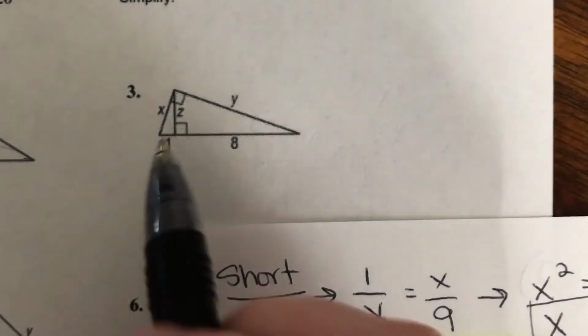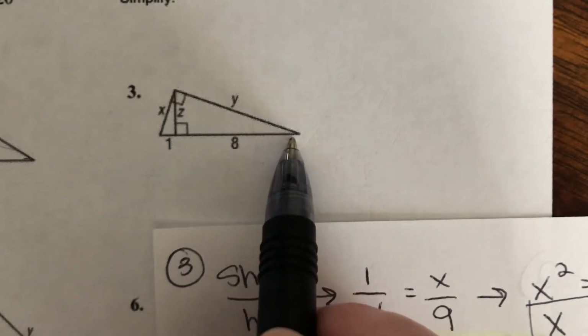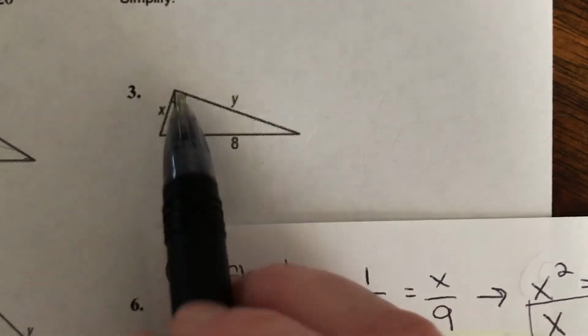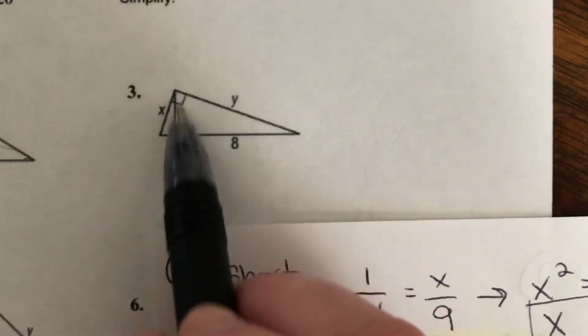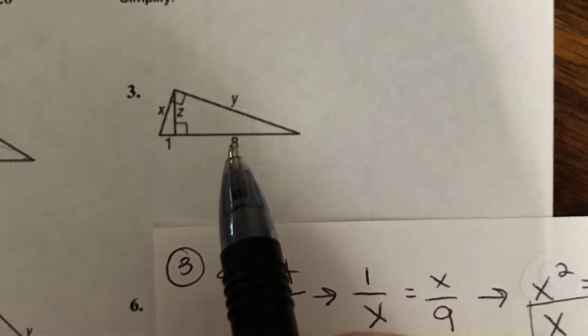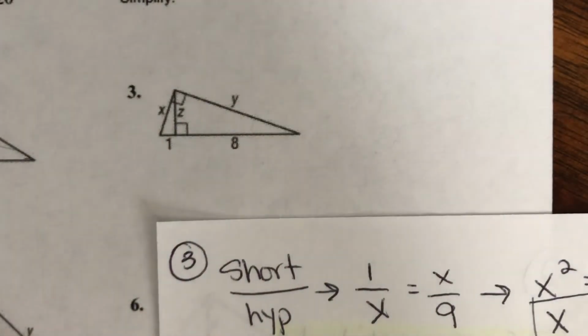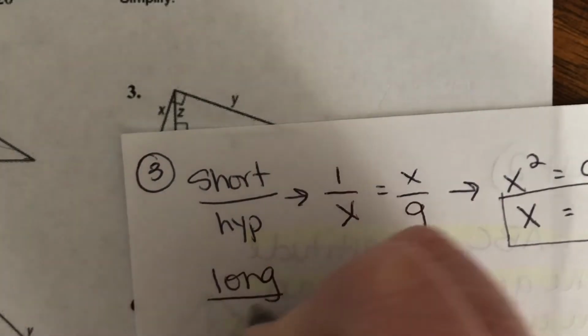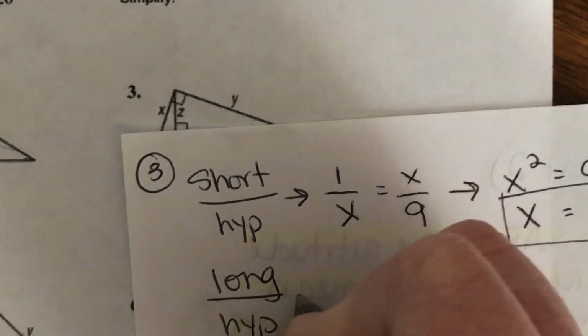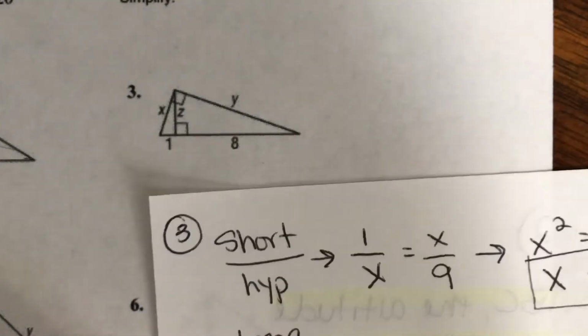Y, what are y's 2 jobs? It's the long leg of this big triangle, and it's the hypotenuse of the smaller triangle. So I'm gonna write long over hypotenuse. All right, long leg over hypotenuse.